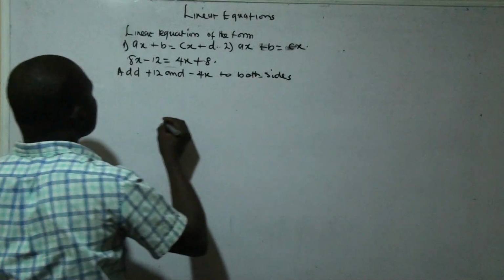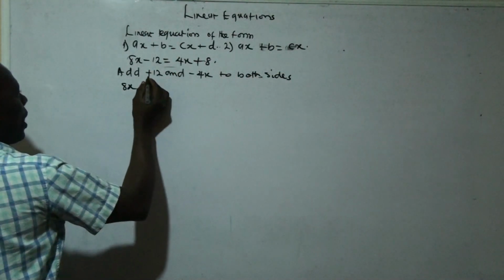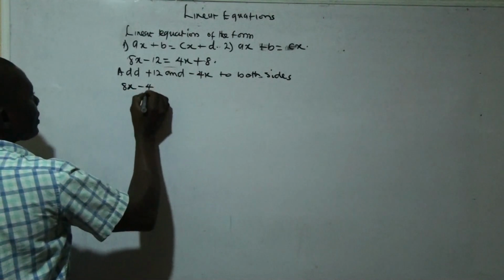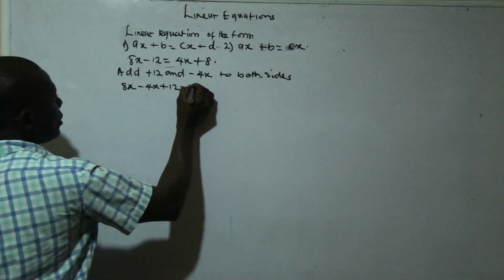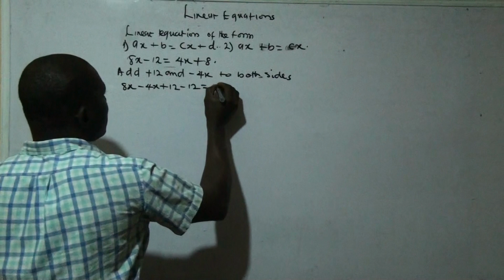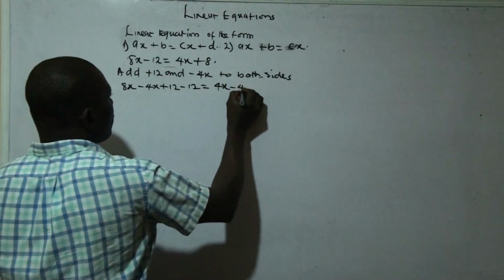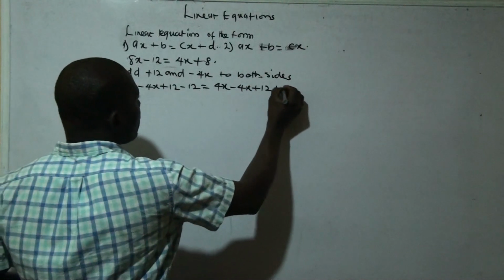Here we have 8x before, and we're adding minus 4x plus 12 to it. We have minus 12 here, and we attach it as well. Then on this side, we have 4x, minus 4x plus 12, and there is 8 there before.